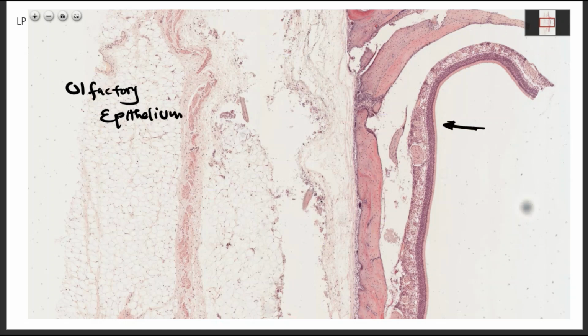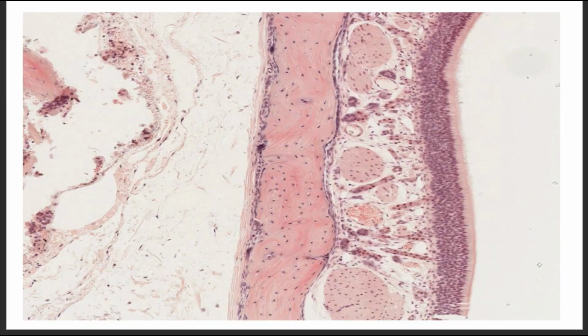From here up to here, this is olfactory epithelium. And this part that you see on top, this is what we call the cilia. You can't really appreciate it properly because it is at low power. Let us look at it at medium power.